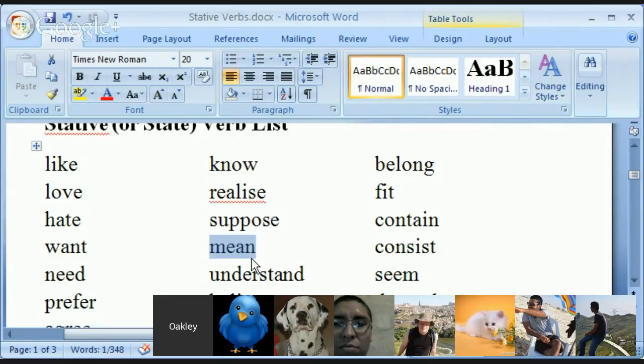Okay, let's try this next one here. Ahmed, other Ahmed, Ahmed number two. How about mean? Well, this is tricky because, of course, we have the meaning in a noun form.